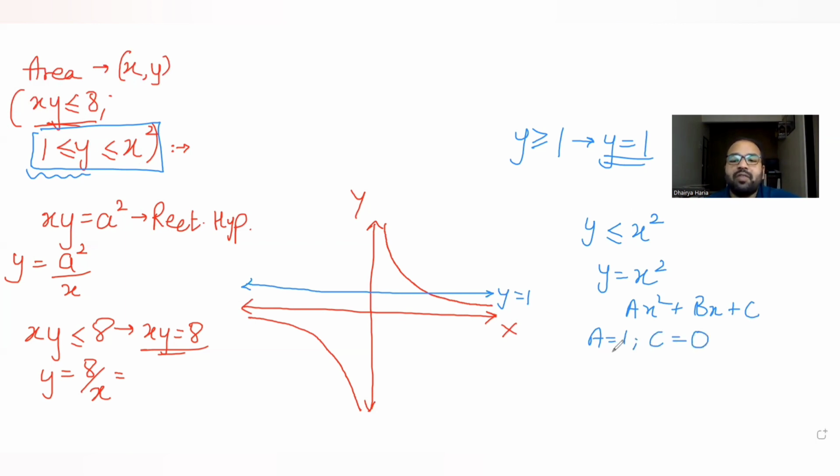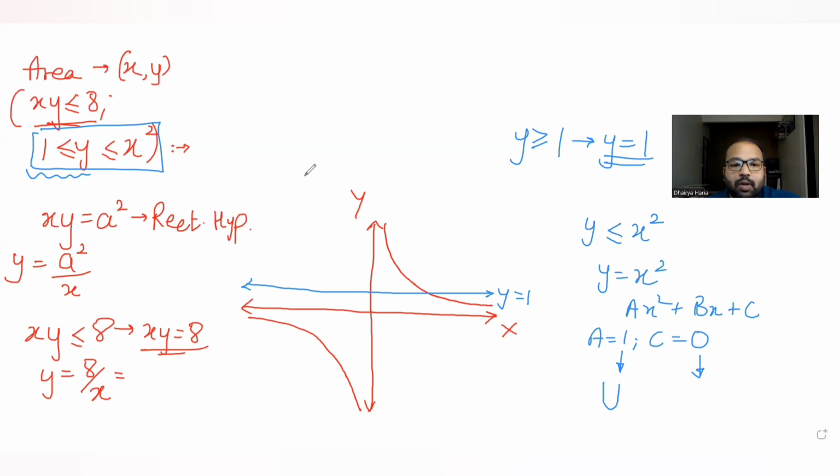Since a is positive, my parabola will be a U-shaped curve, and since c is 0, the y-intercept of this parabola is 0, meaning your parabola will touch the y-axis at the origin. So let's draw that as well.